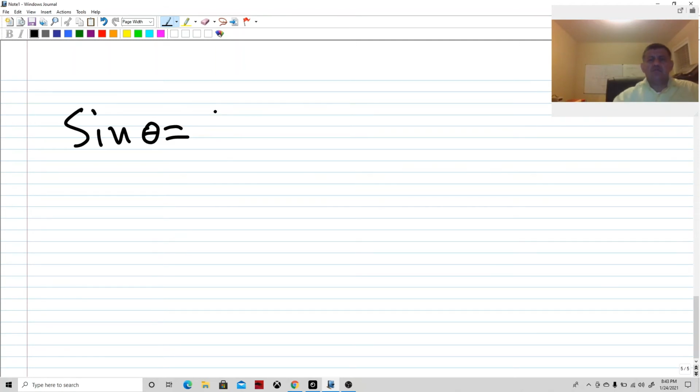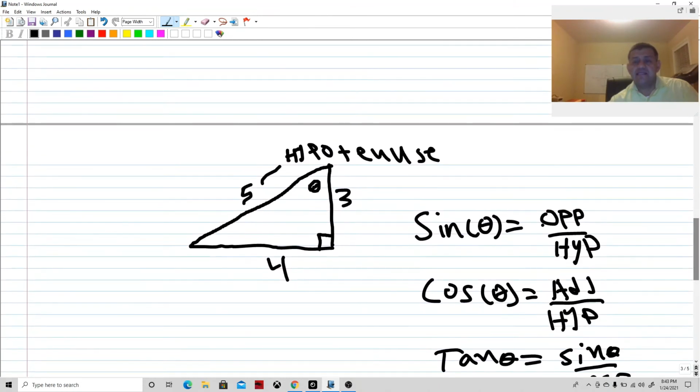Isn't that equal to, if you go back, sine is opposite over the hypotenuse. So this is the opposite of angle theta. If I come straight from this angle all the way down here, that is the opposite side, right? I am pretty sure you agree with me on that.